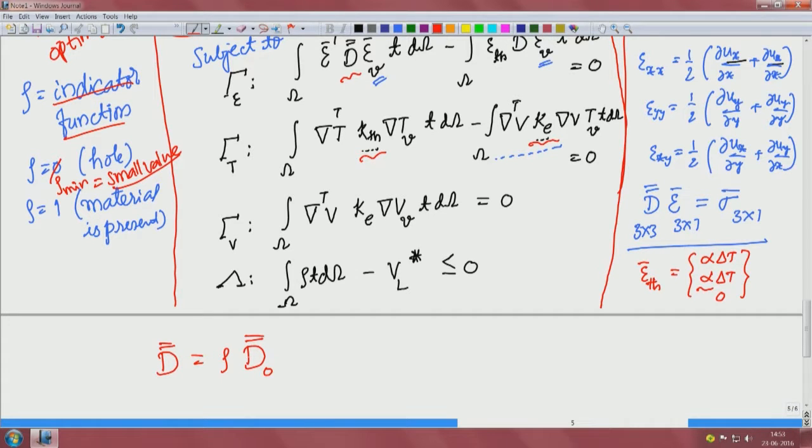We take that rho. When it is 0, it is almost like a very weak material or very flexible material is there. When it is rho equal to 1, you have the base material. This we do for all the properties, that is alpha also will have alpha 0 into rho and so forth.